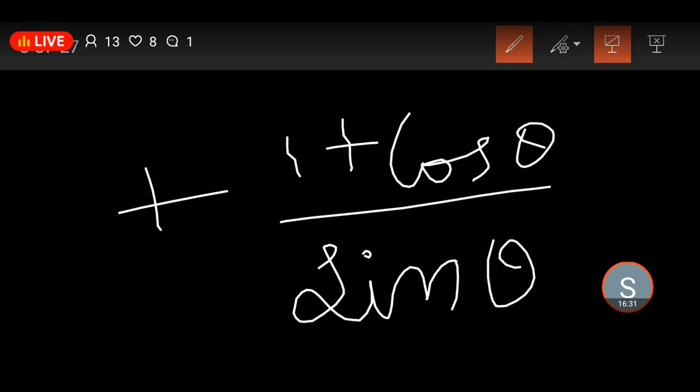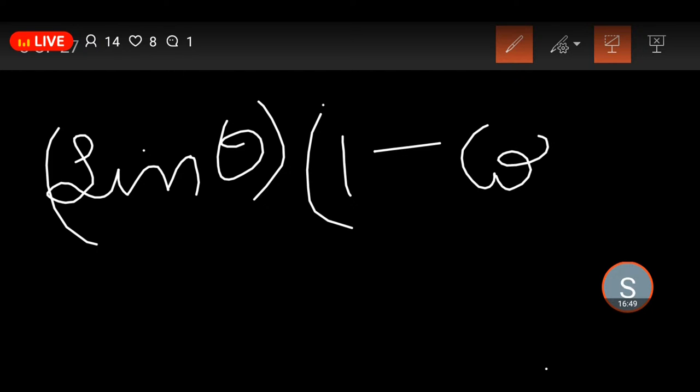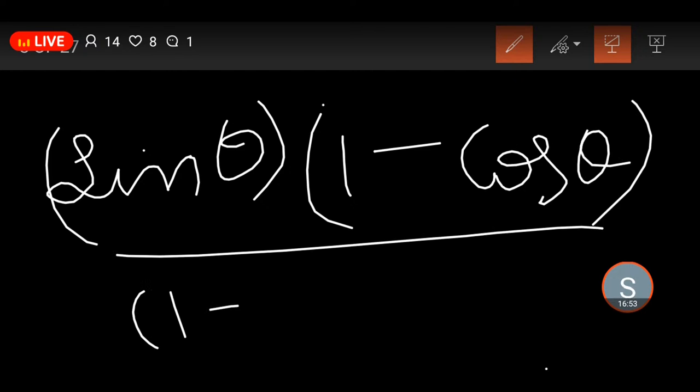Did this process, and as I said, sin theta over 1 plus cos theta into 1 minus cos theta over 1 minus cos theta, if you multiply that, the result will be sin theta into 1 minus cos theta over 1 minus cos square theta.